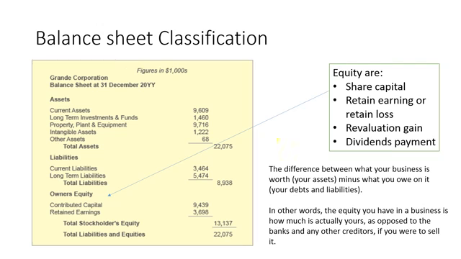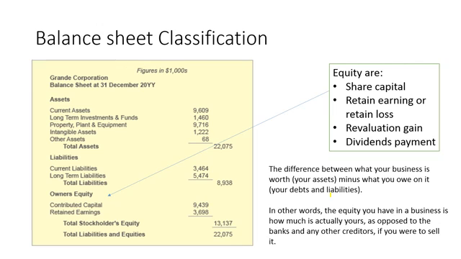Okay, so now we are going to talk about the final section, which is equity. So equities are shares, capital, retained earnings or retained losses, revaluation gain, dividends payment. These are all your equities. Equity basically means the difference between what your business is worth, so your assets, minus what you owe on it, your debts and liabilities.